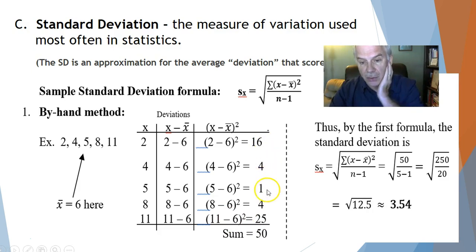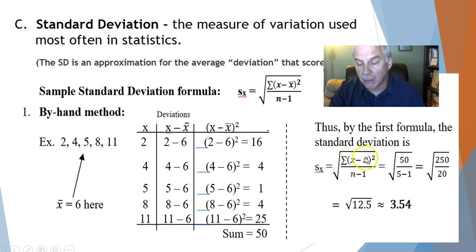So these are the squared deviations. Now notice the deviations were negative in some cases, but you squared them, so you end up with always positive squared deviations. Okay? So the sum of all those positive squared deviations is 50.